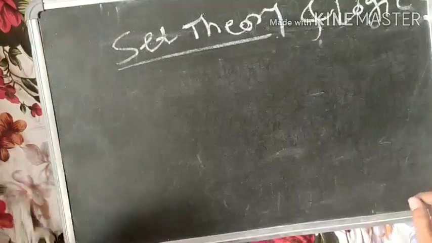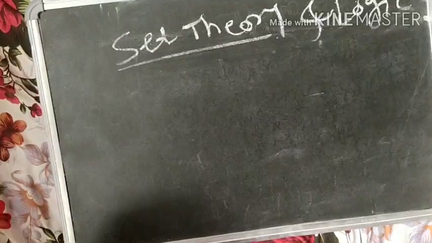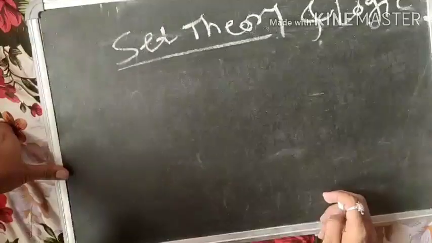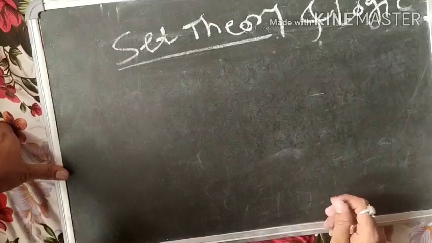Next, there is some notation. First we need to understand when an element x is a member of a set.